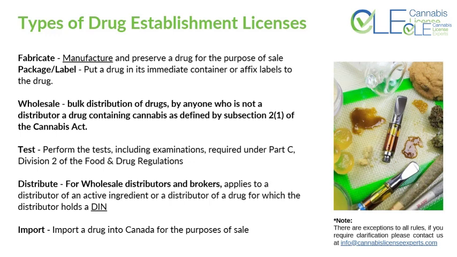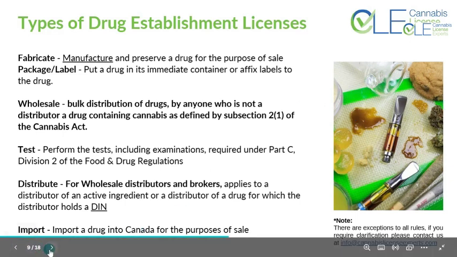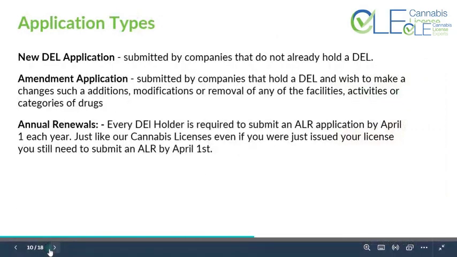Although we kind of leave this one alone because importation of cannabis into Canada, as we all know, can only be used for R&D purposes or for use in the manufacture of a DIN registered product like Sativex. So not a whole lot of demand for that here in Canada. We are seeing a growing demand for things like tissue culture, though, which is a really interesting evolution to our industry. But we will talk about that in a future webinar.